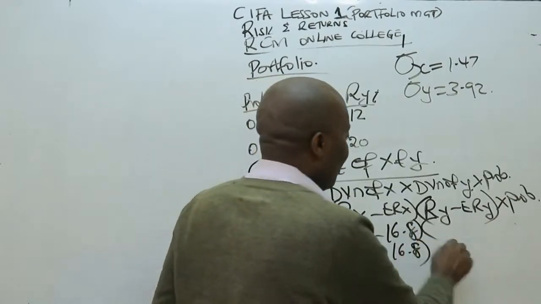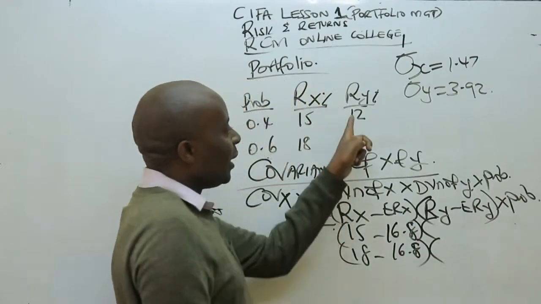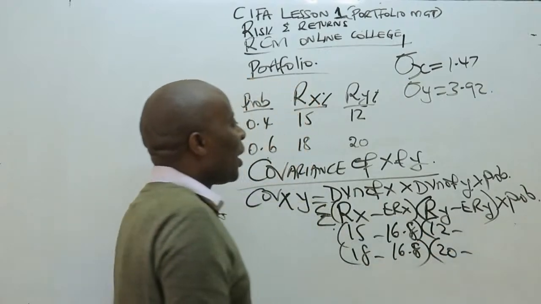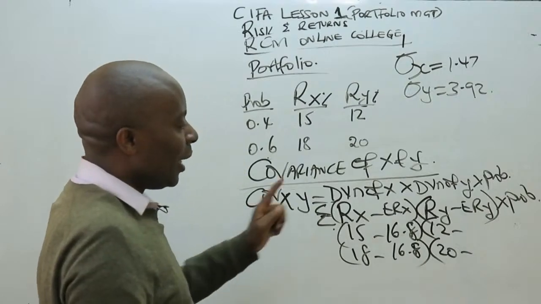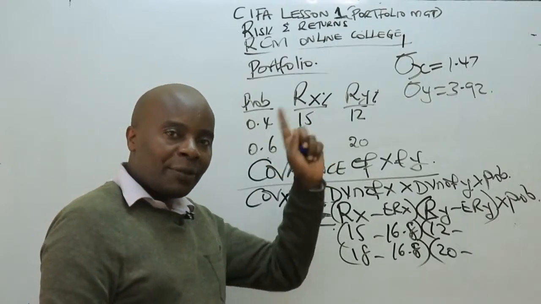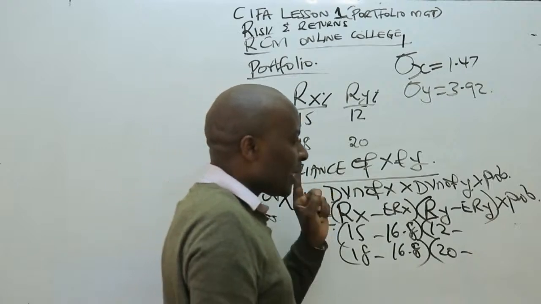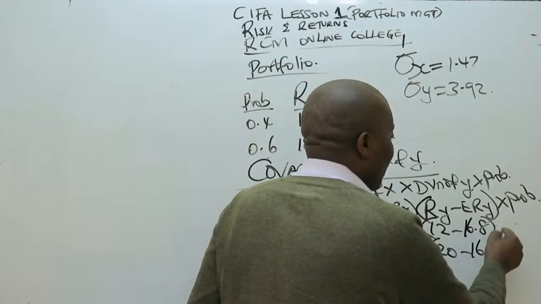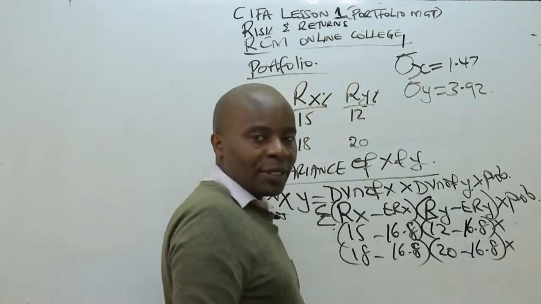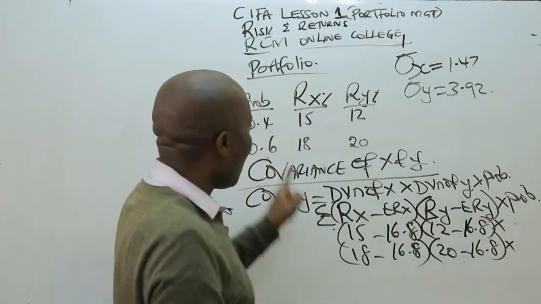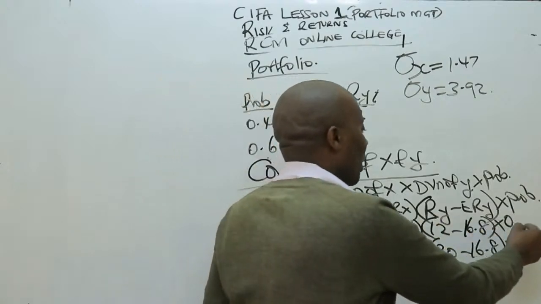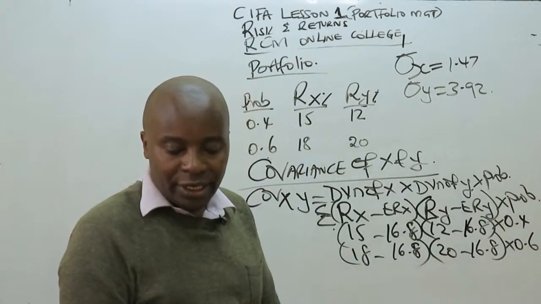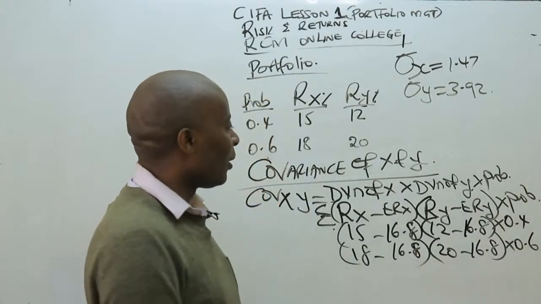So come and pick the actual returns of Y. The actual returns of Y, we have 12, we have 20, minus expected returns of Y. We found that in part 1 of this question. The expected return of Y was 16.8 as well, like that. Times the probabilities that we have here, which are 0.4 and what here, somebody, 0.6. 0.4 and 0.6 like that.